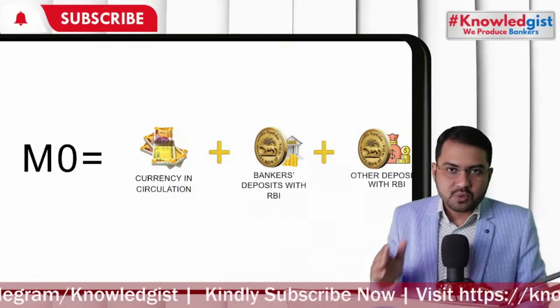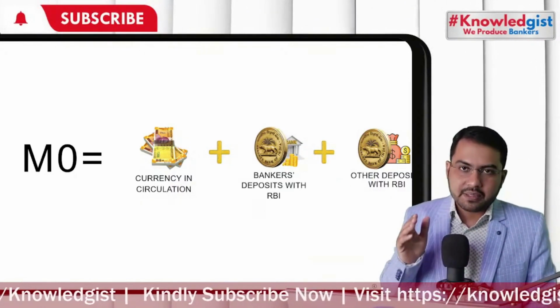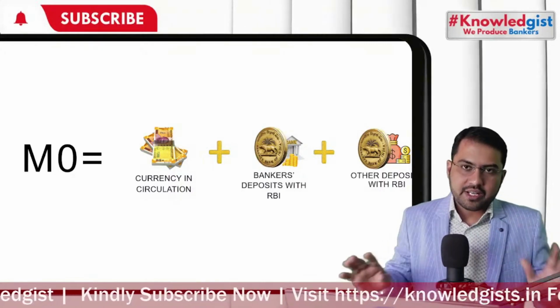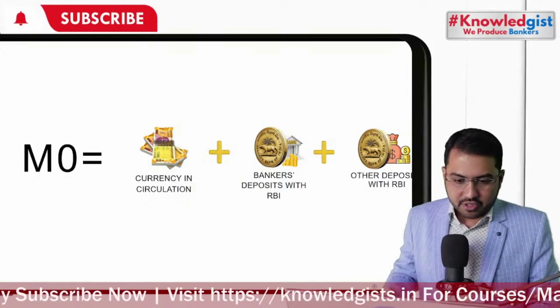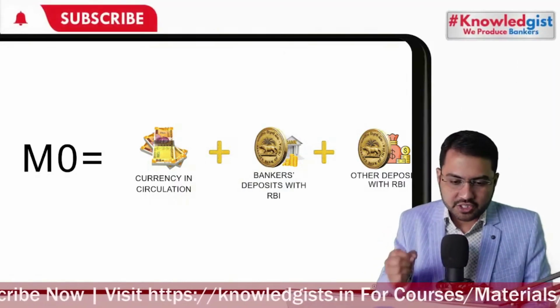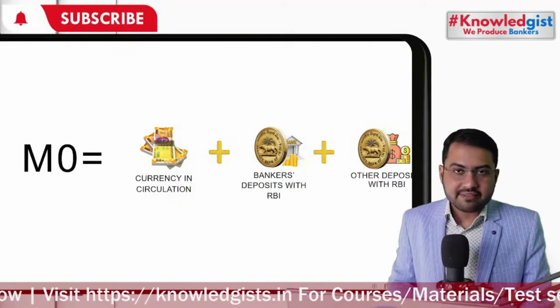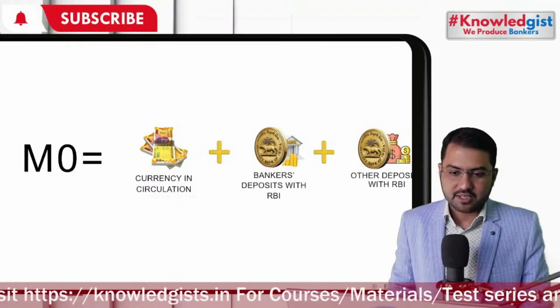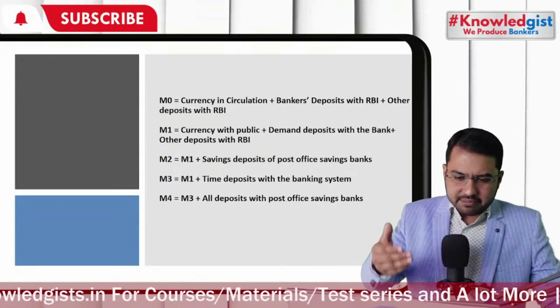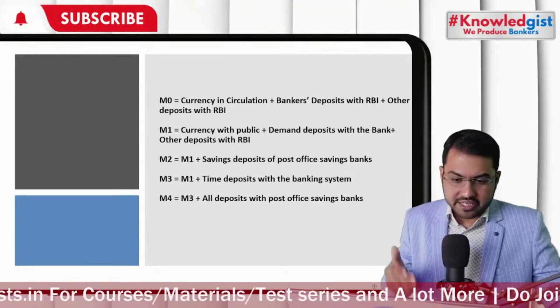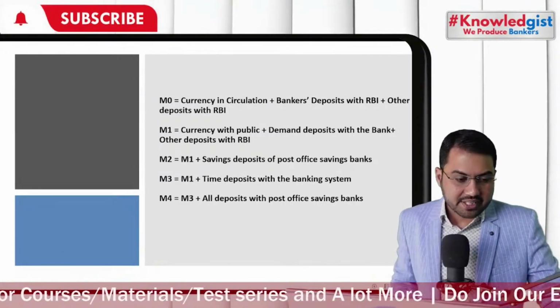Like in the first and second chapter of economics, we covered broadly the entire Indian economy and some important economic concepts. Here, we will be focusing on money supply and things related to the circulation of money or currency. So this is the simplest diagram to understand M0, M1, M2, M3, M4.